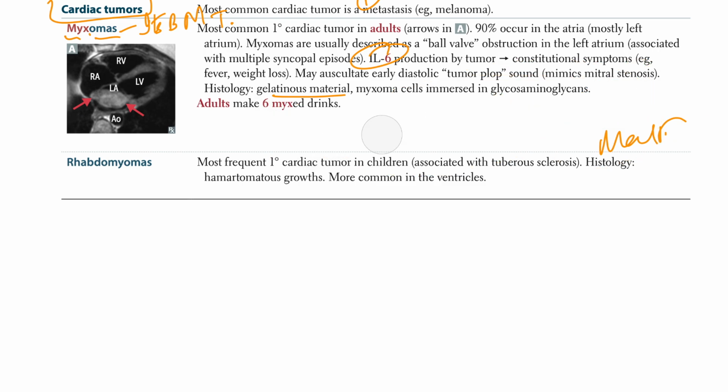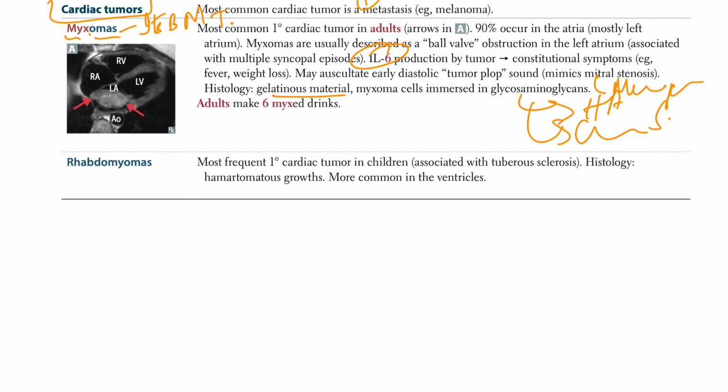And what are the glycosaminoglycans? These are your chondroitin sulfate, hyaluronic acid, so HA. Another name would be mucopolysaccharides, stroma. And that is going to be all for myxoma.